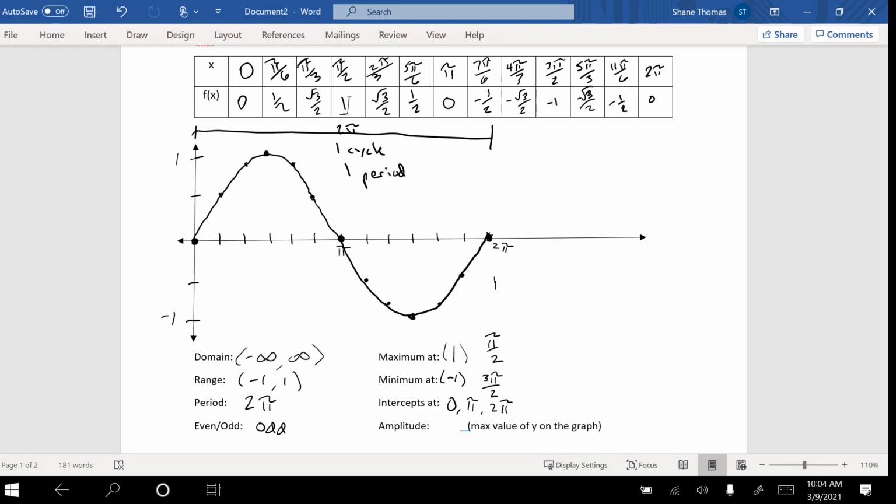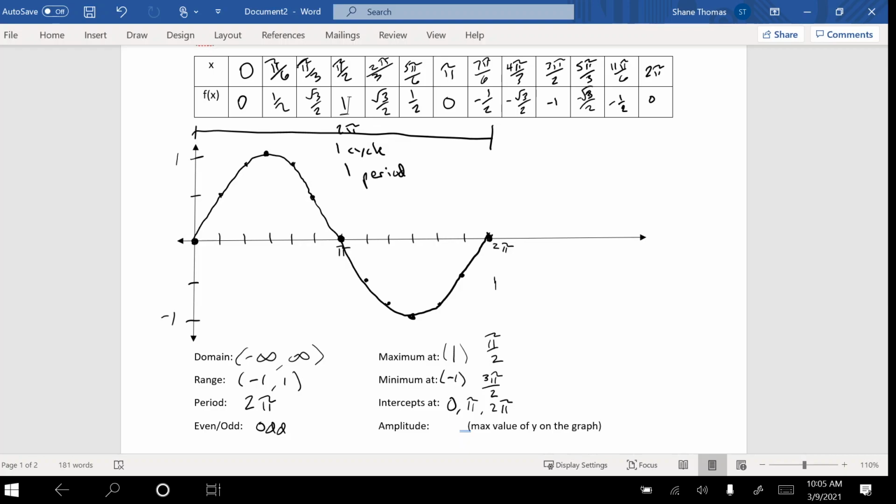If I would take 2 pi divided by 4, divided into quarters, okay? This would be quarter 1, quarter 2, 3, and 4. Agree with me? Something significant happened every quarter of a period.